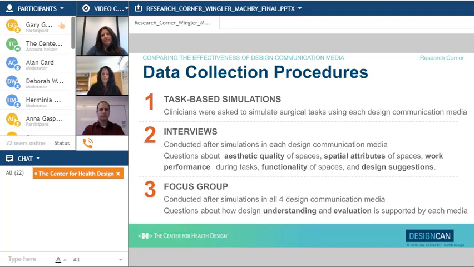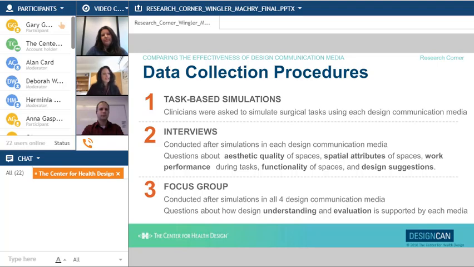After they performed the tasks within a specific media, one of the 4 media, they underwent a structured interview. The structured interviews had questions regarding the aesthetic quality, spatial attributes, and functionality of the spaces, as well as work performance and any design feedback or suggestions that they had.